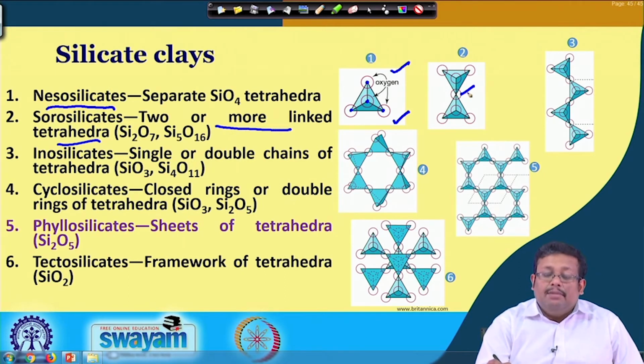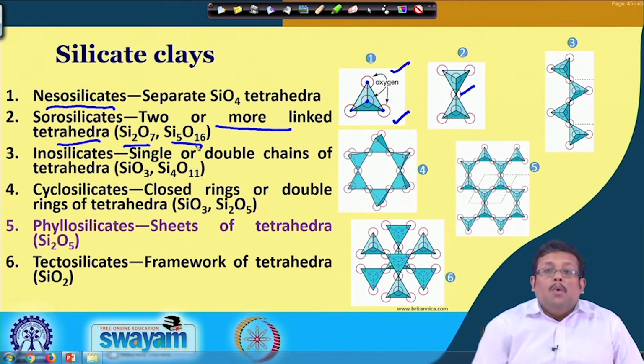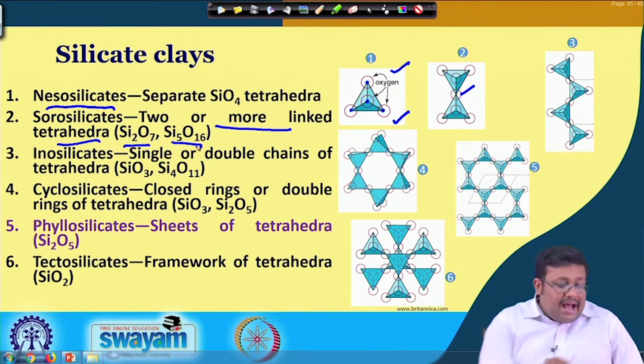So this is an example of the sorosilicate, and obviously the basic structural unit of sorosilicate is either Si2O7 or Si5O16. The third is inosilicates.